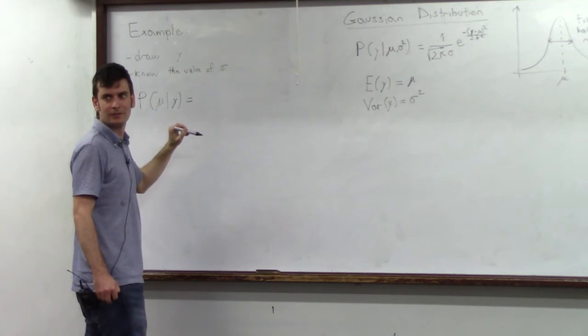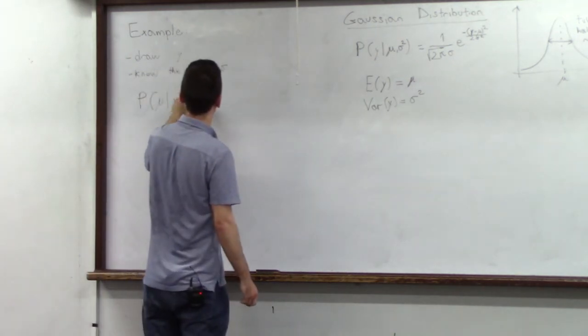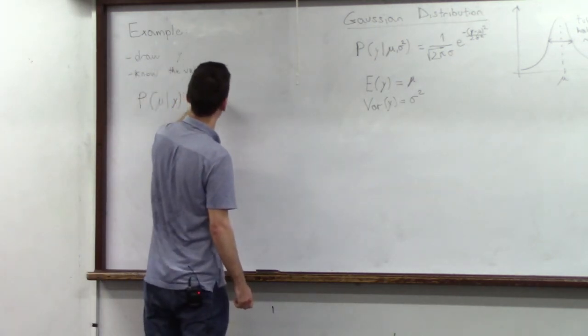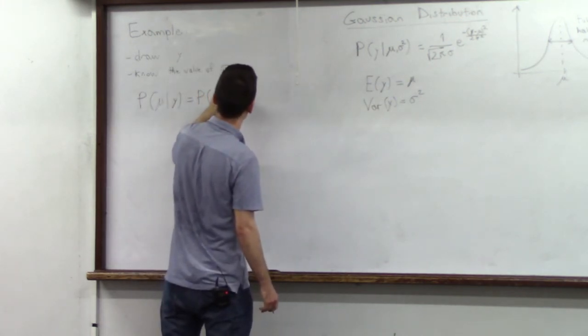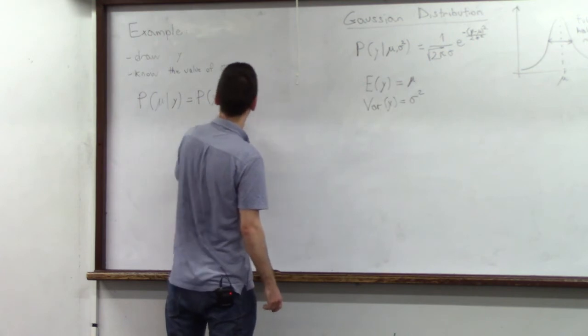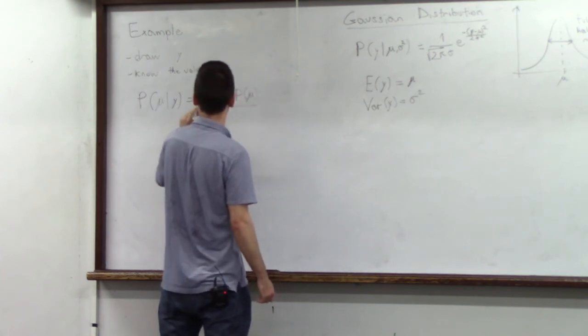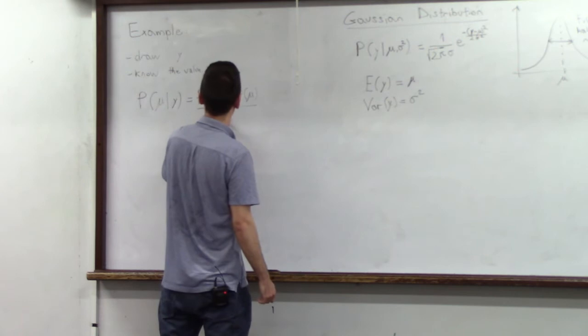Again, I should write this is the likelihood of observing that single value of y given mu times the prior, and this is the probability of the data.